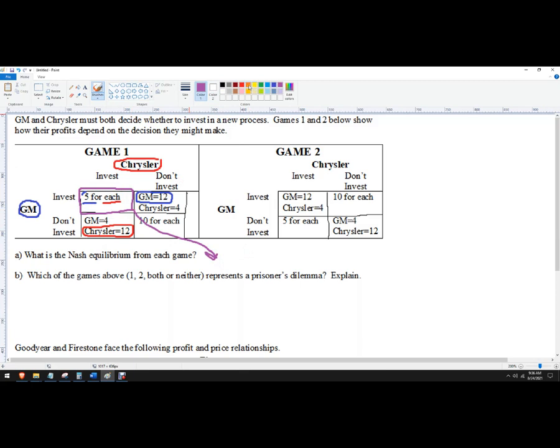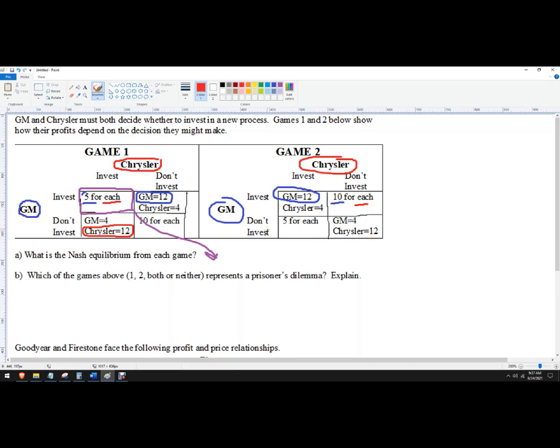Let's do the second game. I'll do this rather quickly. There's Chrysler. There's GM. Okay, so if Chrysler invests, it's better for GM to invest. And if Chrysler doesn't invest, it's better for GM to invest. And if GM invests, what's better for Chrysler? Well, it's better to not invest.